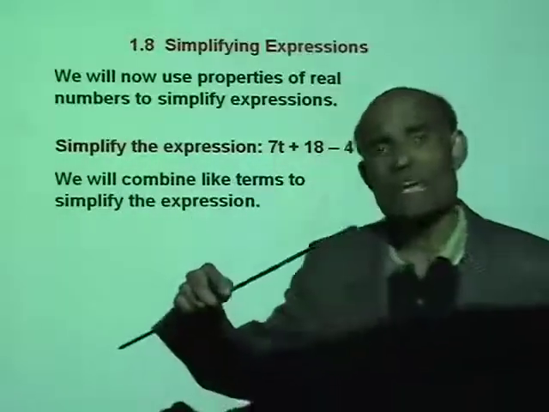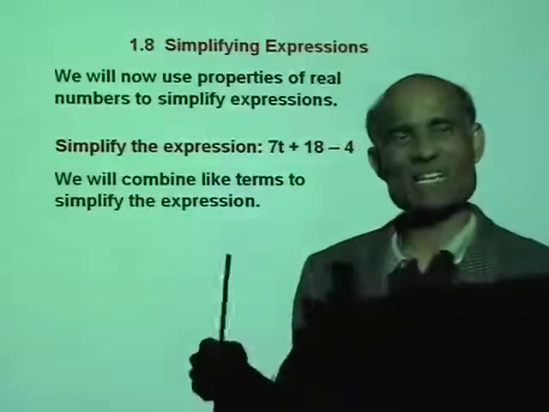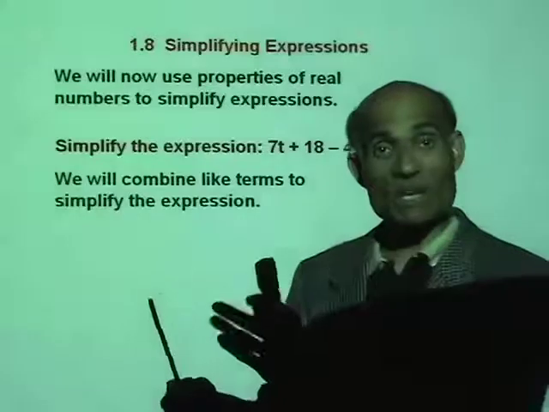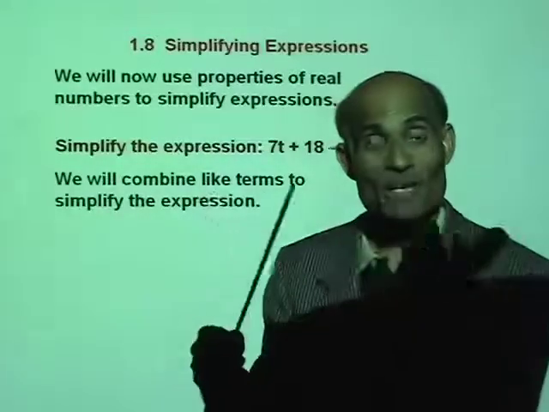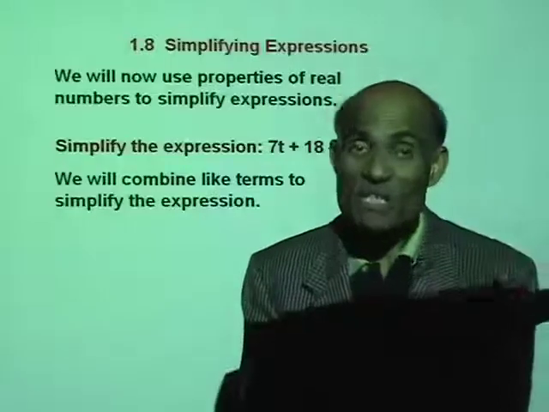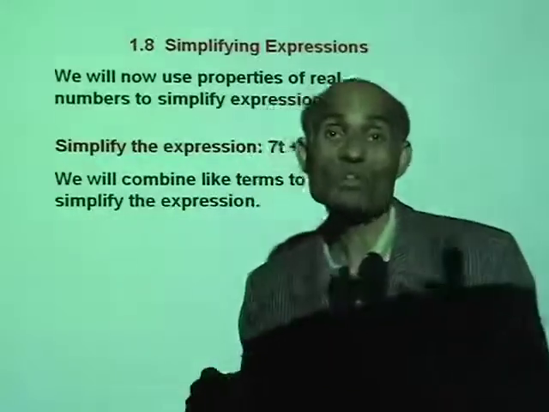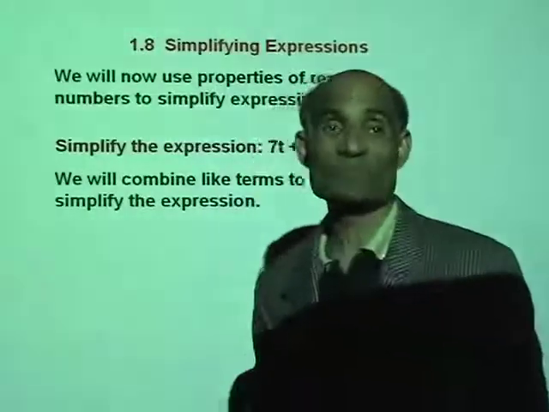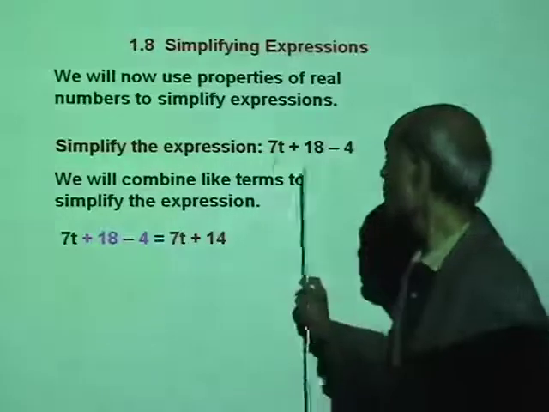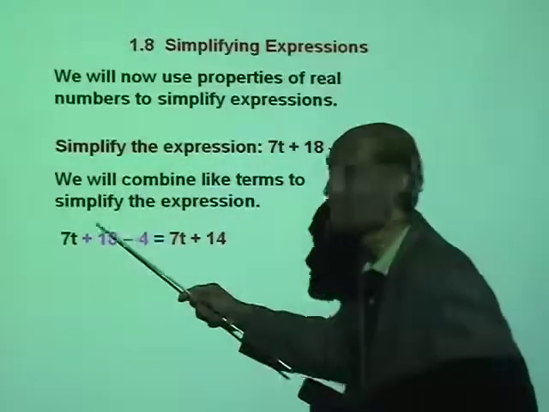7t, give me a term that is similar or like 7t. 5t, 3t, 4t. Is that right? Because if I have 7t, I can add that to 4t or 3t or any like terms. So look at the way we're going to write it: 7t plus 18 minus 4.